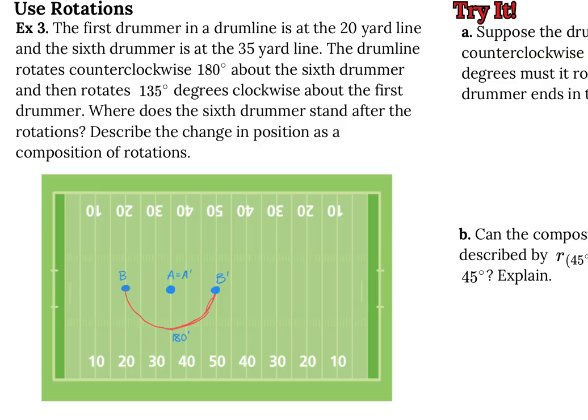All right, so after that first rotation, then we're going to rotate 135 degrees clockwise about the first drummer. Try to find a different color. Okay, so we're rotating clockwise about the first drummer. So this drummer is now going to be holding everyone's center, and then we're rotating 130 degrees.